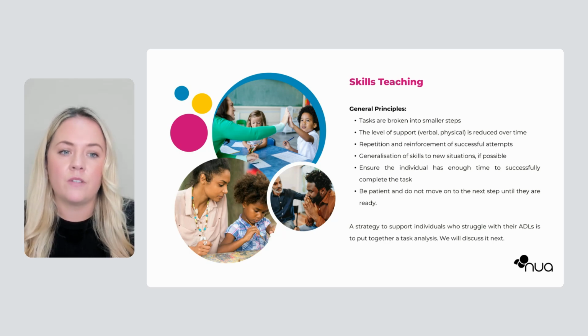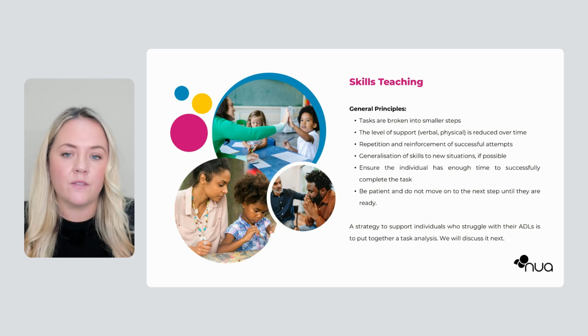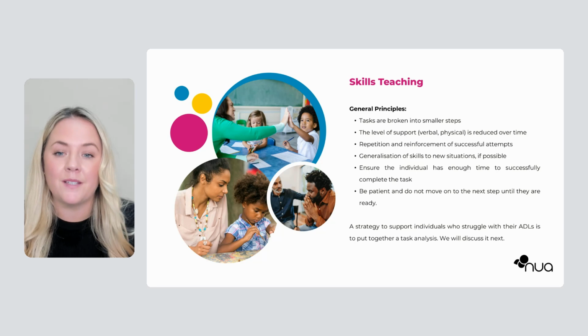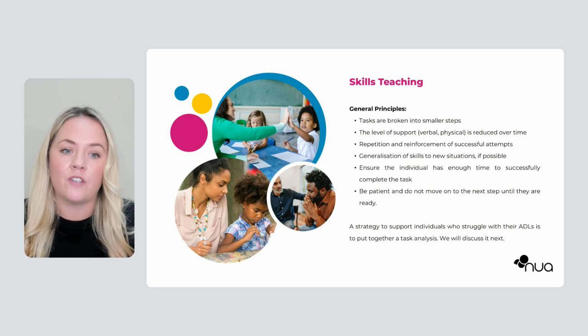The fourth thing is ensuring that the individual has enough time to successfully complete the task. So, making sure that we're providing the individual with plenty of time. And lastly, that we're being patient and we're not trying to move on to the next step before the person that we're supporting is ready. So, we're trying to be patient and give lots of time for that person to develop the skill independently. So, oftentimes we can be, I suppose, motivated to try and help.